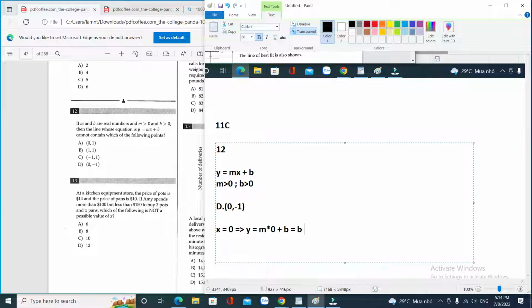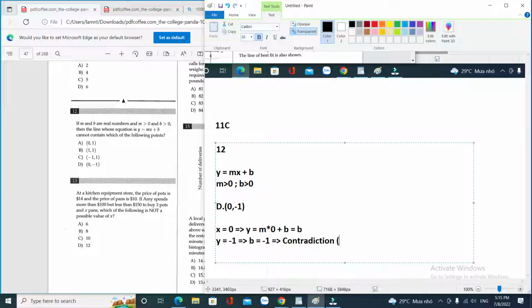But in this case, we have assumed that b is bigger than 0. Here, b would equal negative 1, because y is equal to negative 1. So there's a contradiction here.